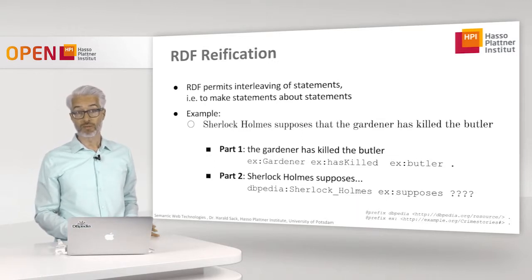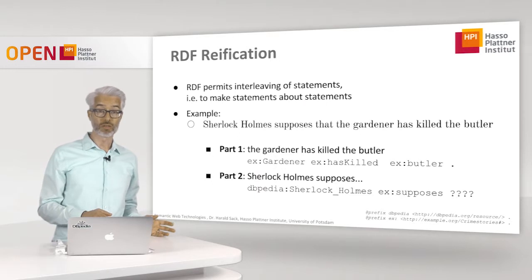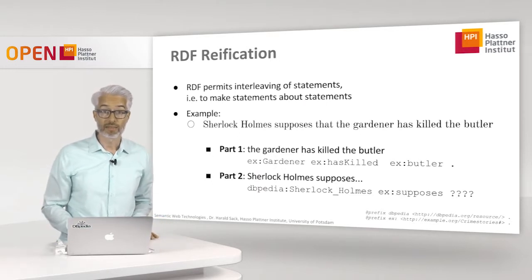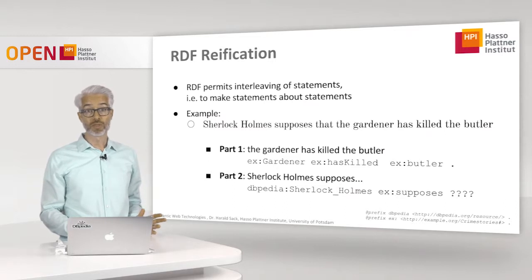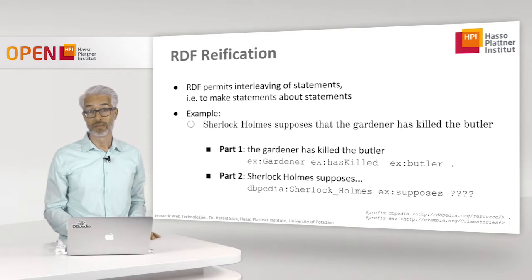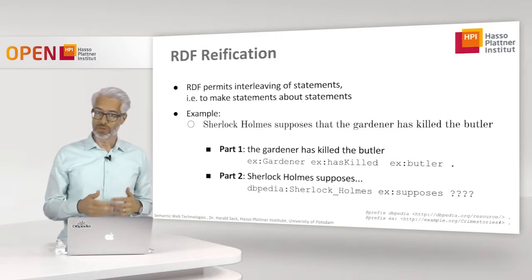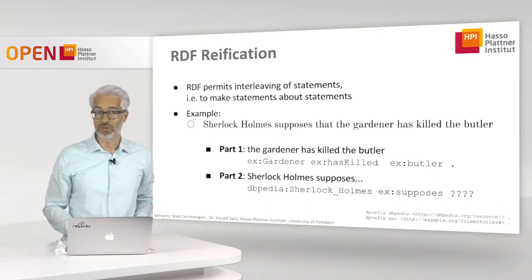So therefore, we could refer to Sherlock Holmes by his DBpedia URI, and then we say DBpedia Sherlock Holmes supposes, yeah, now there should be part one of the entire statement. The problem is, what we refer to here is not an object, but a triple.